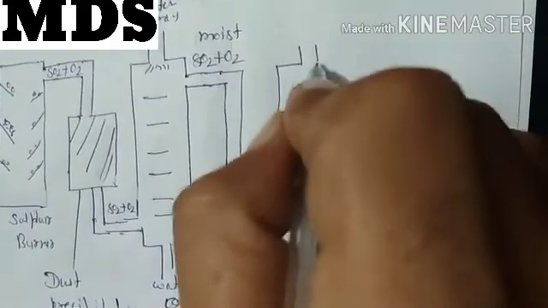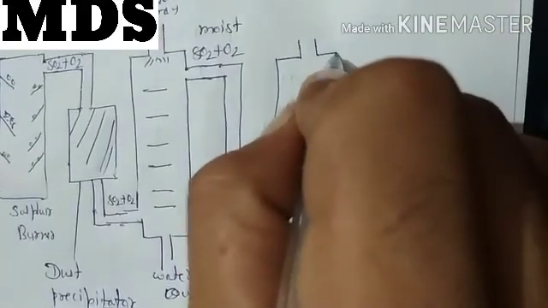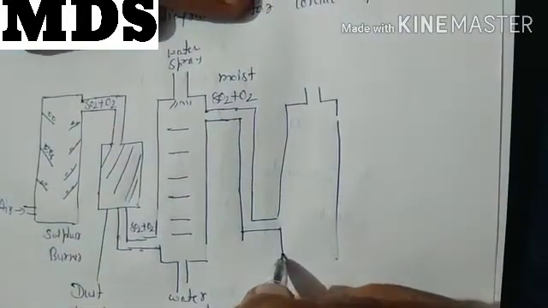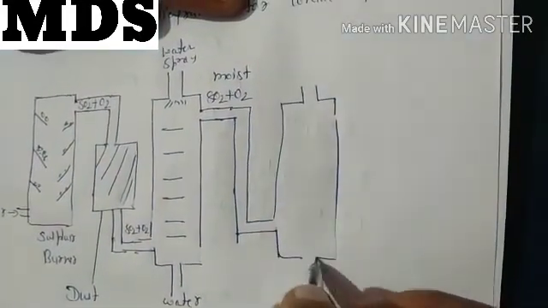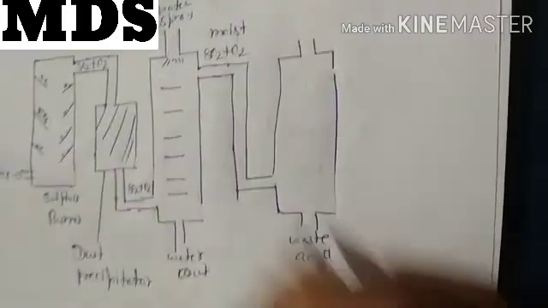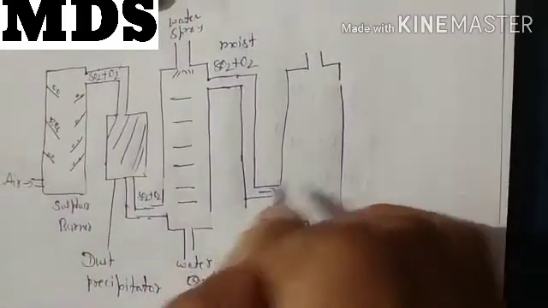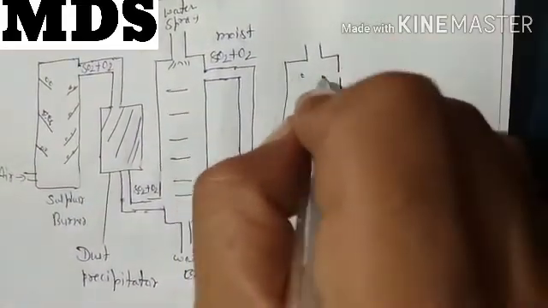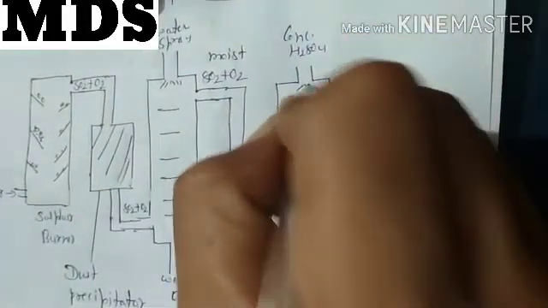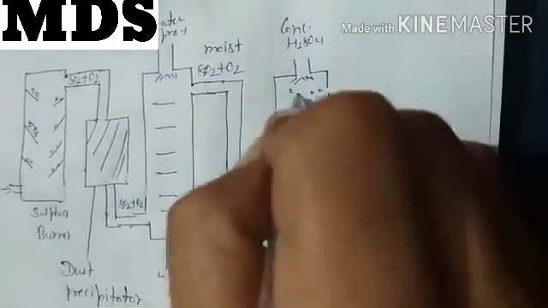From here waste acids come out. From here the sulfur dioxide and oxygen mixture is coming in, and from above we are spraying concentrated H2SO4 there.